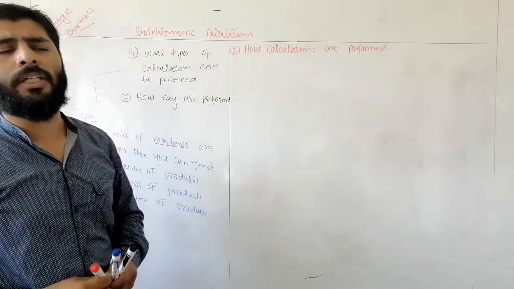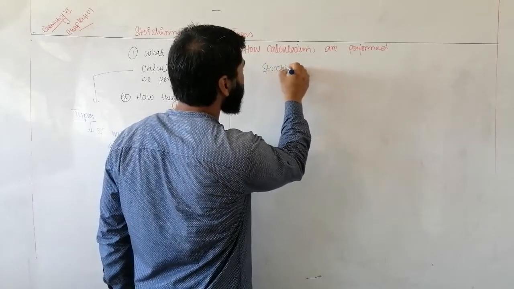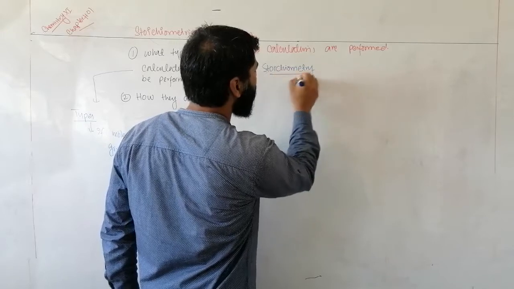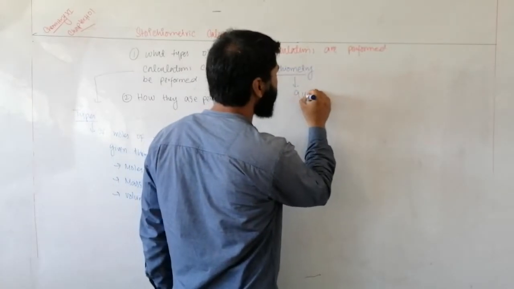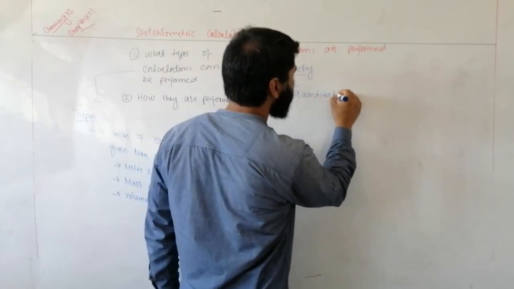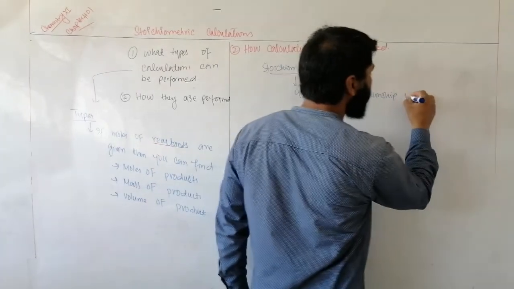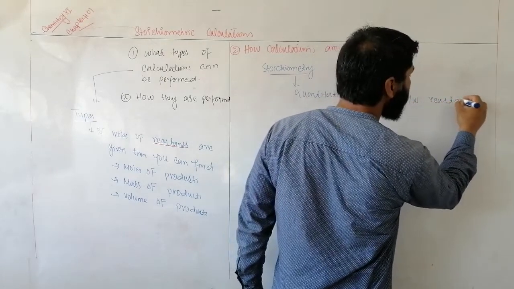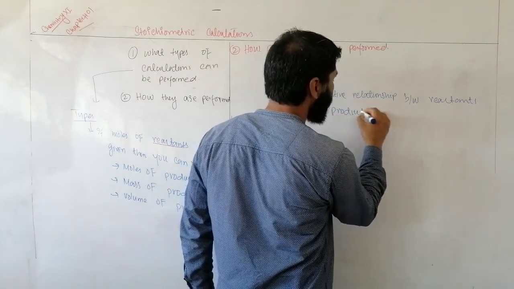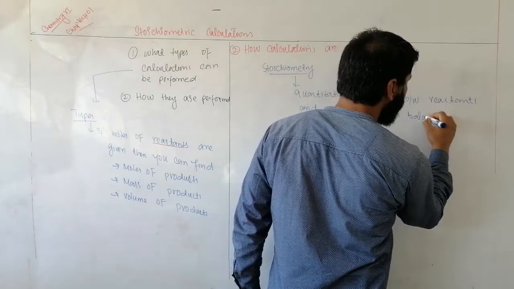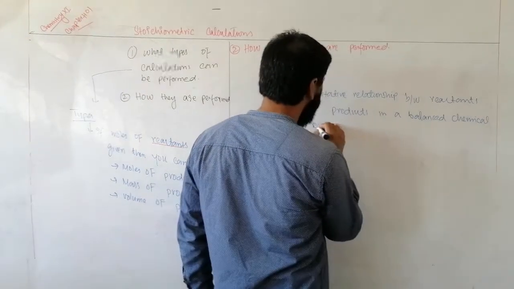What is stoichiometry? According to the definition, stoichiometry is a branch of chemistry that deals with the quantitative relationship between reactants and products in a balanced chemical reaction.